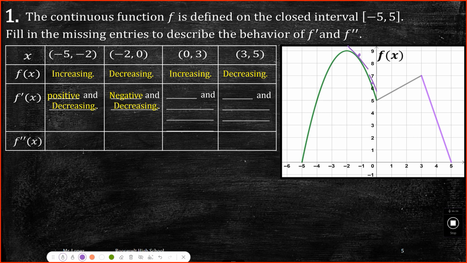The slope is positive. Are they increasing or decreasing? This is constant. It's neither increasing nor decreasing. From 3 to 5, the slopes are negative, and they are neither increasing nor decreasing.